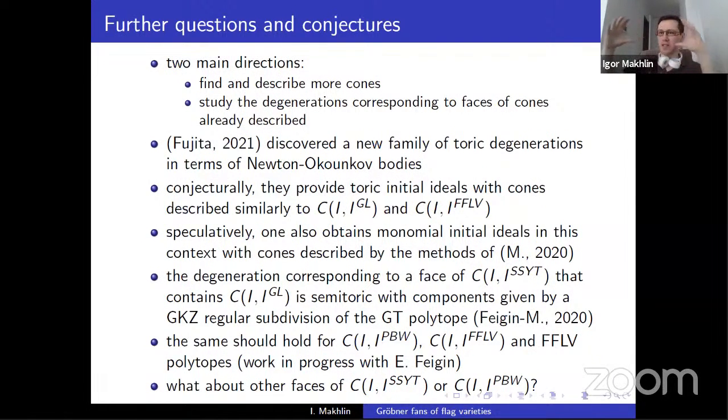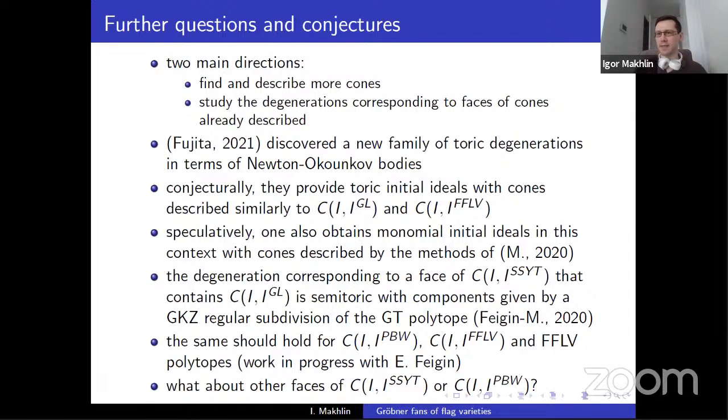This means that their irreducible components are toric varieties, and this has a very nice combinatorial structure, where you take the Gelfand-Tsetlin polytope and consider what is called a regular subdivision of it.